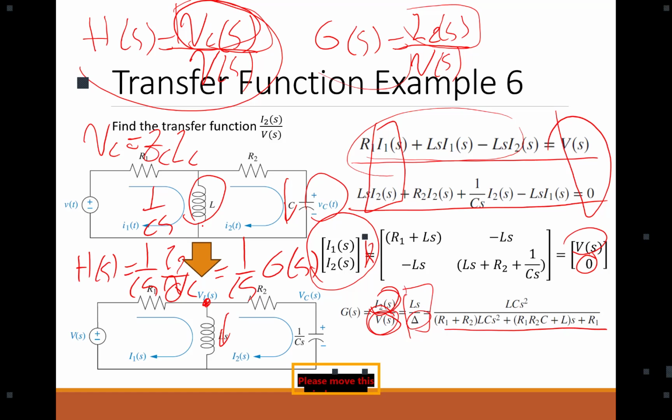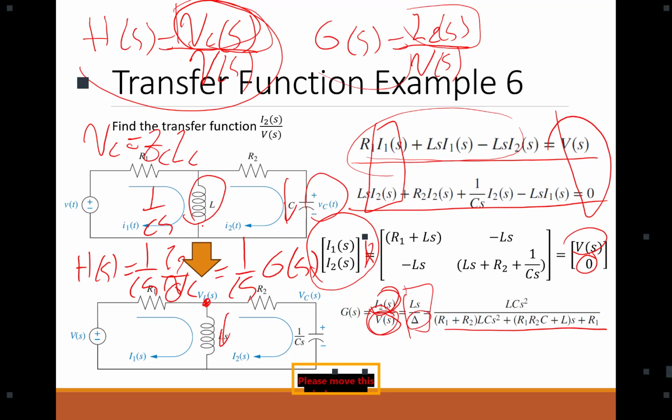We were able to find the transfer function, G of S. G of S describes the current coming through the capacitor with respect to the input voltage source. And then we found the voltage by multiplying by 1 over CS to find the voltage of the capacitor with respect to the voltage source. It's only using Ohm's law.